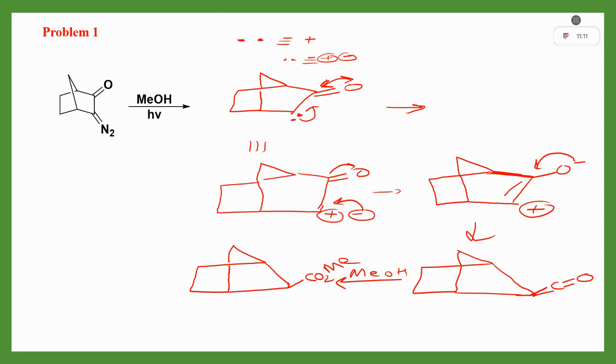Yes or no? The oxygen lone pair of methanol is going to attack here, on this carbonyl carbon. This negative charge will be protonated and you will get CO2Me. So this is your product.